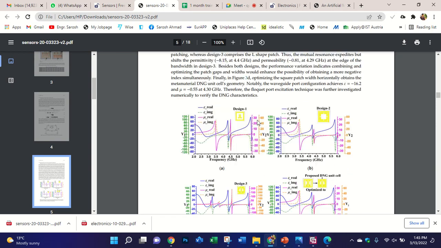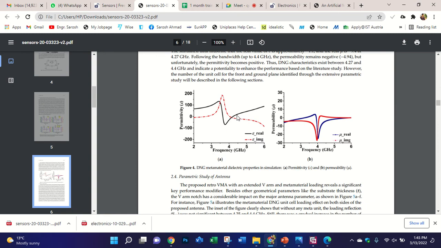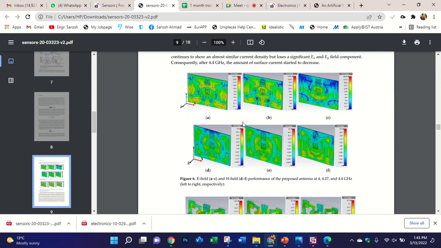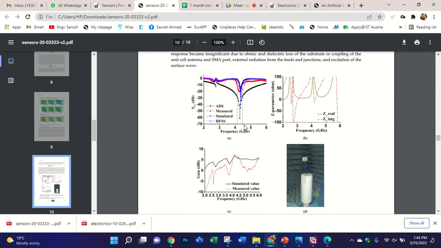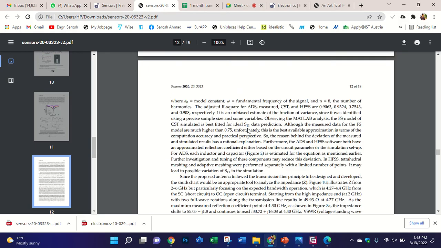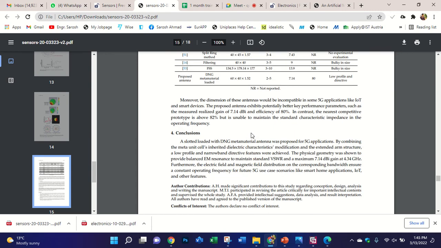Yes, this is the result of the metamaterial. Actually, sometimes they use it, as I said to you, as a solution like frequency selective, as a filter. They use another name, frequency selective and absorber. We're dealing with it as a special filter.